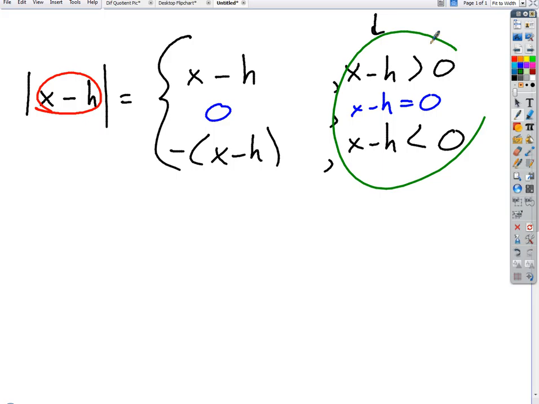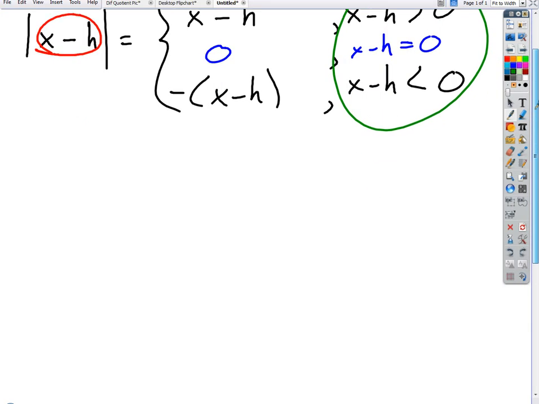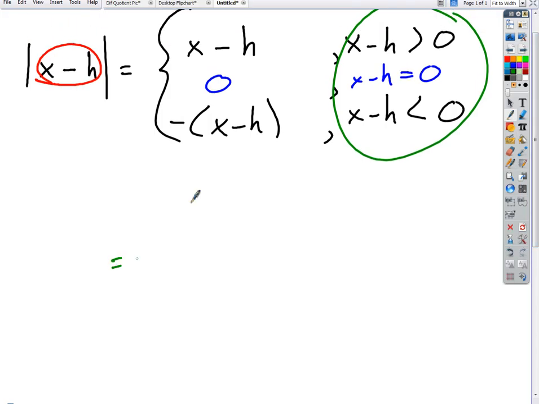I would prefer to write it as x is related to some value. So what do I do to solve for x there? Add h, right, to both sides.